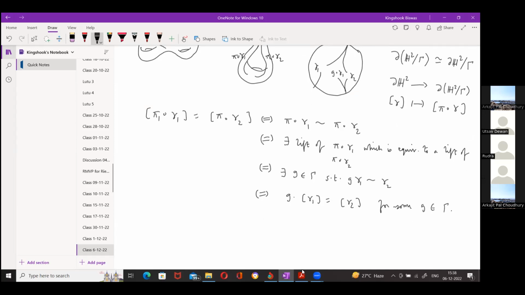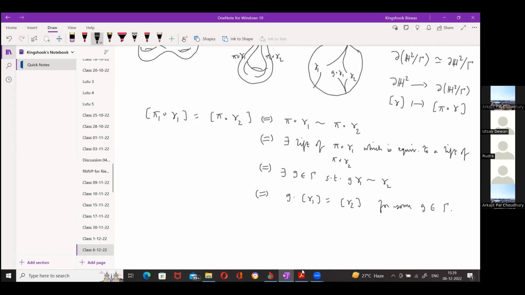So from this, I think it's easy to see that this map induces a bijection from the boundary of H2 mod gamma to the boundary of H2 mod gamma. Is it clear?